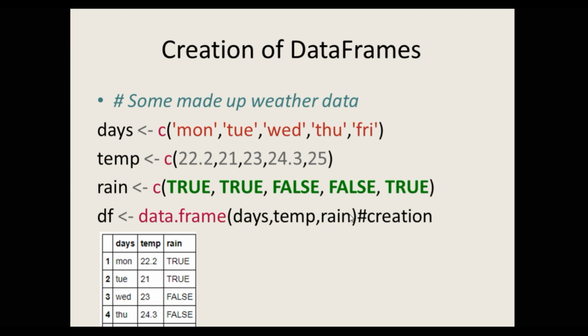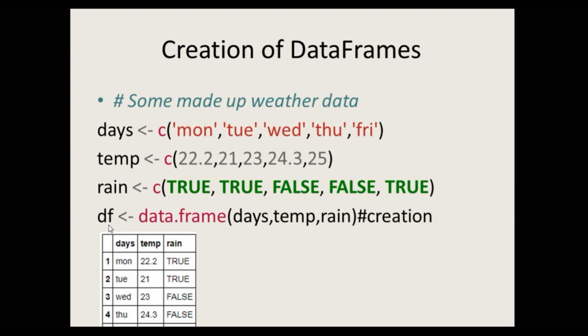You can create a data frame having more than three columns as well. Every column represents one vector. You can have days, time, rain, weather, forecast, and any n number of vectors can be put as columns in a data frame.